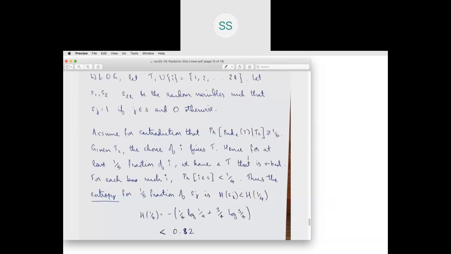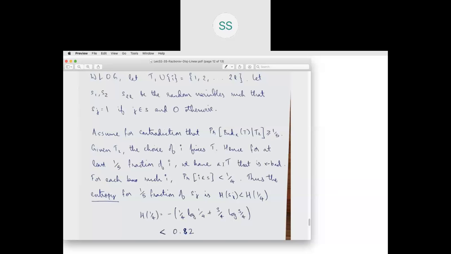Given T2, as I already said, once T2 is fixed, the choice of I fixes the partition T. So there are 12 choices for I. If the probability of bad X is greater than 1/5, it means that for 1/5 of the choices, we have a T that is X bad.